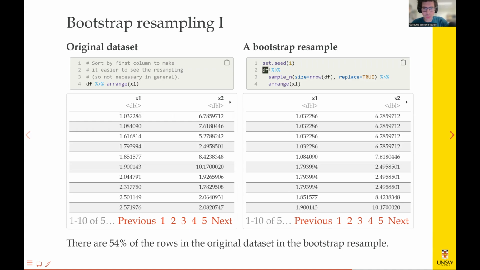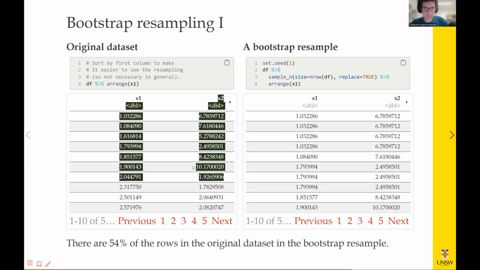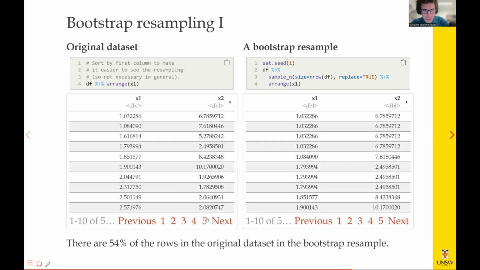From your initial data set, you're going to sample the same number of rows. The full sample seems to be of size 50, and from a sample of size 50, we want to obtain a bootstrap sample of size 50 again. This is why the size is just the number of rows.